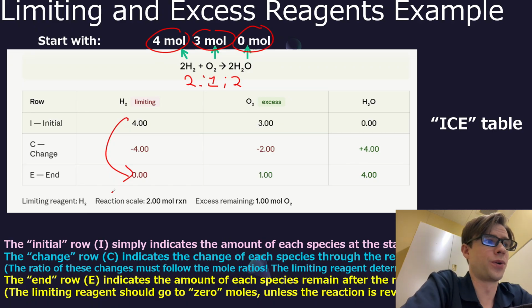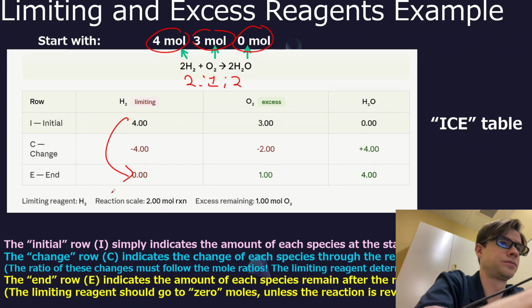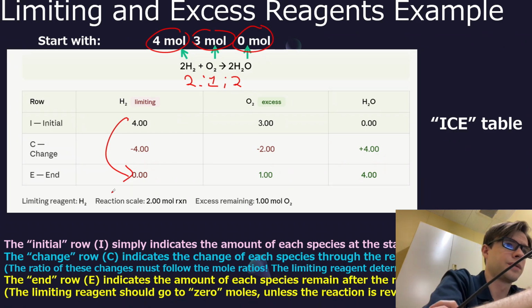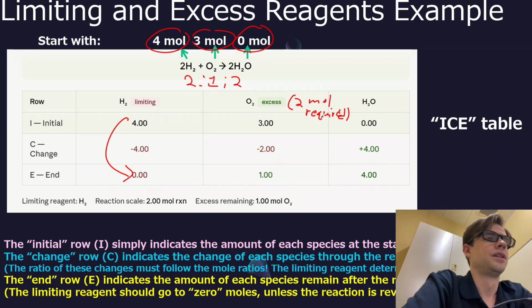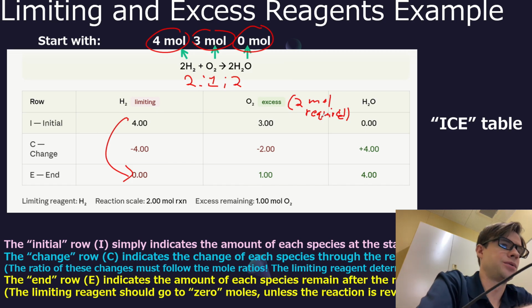So if we start with 4 H2, we only require 2 moles of O2. 2 moles required, but we started with 3. So we had more than we needed of O2. So it starts at 3, it will lose 2. That's enough to fully react with this 4 moles of H2 and go to 1. So this is remaining.